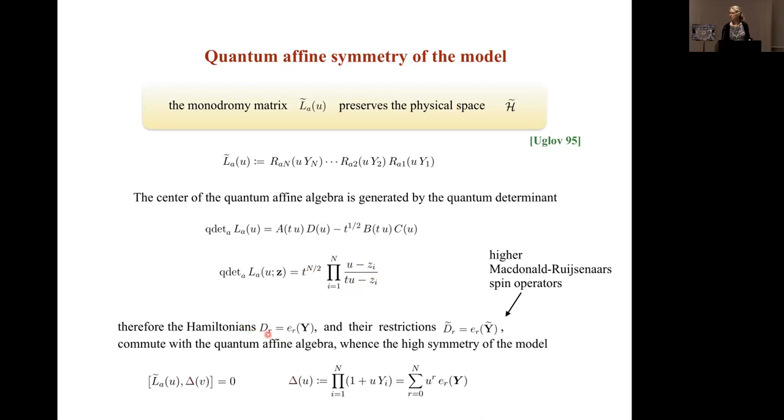These symmetric sums and their restrictions will be commuting with L, and that's the origin, in fact, of the quantum affine symmetry that I was mentioning before. And that's why we have this huge symmetry of the model. This is transported, in some sense, from the Yangian to the deformed case.